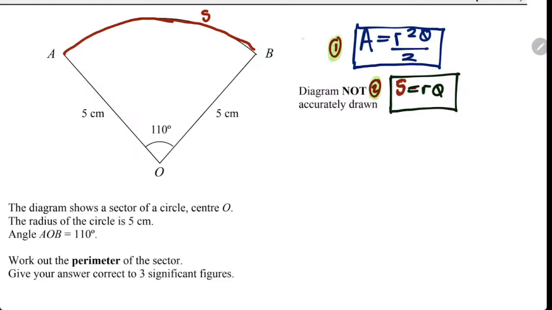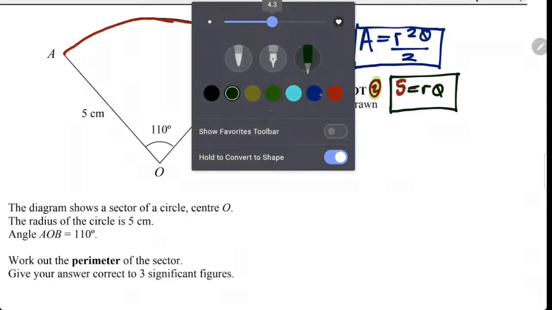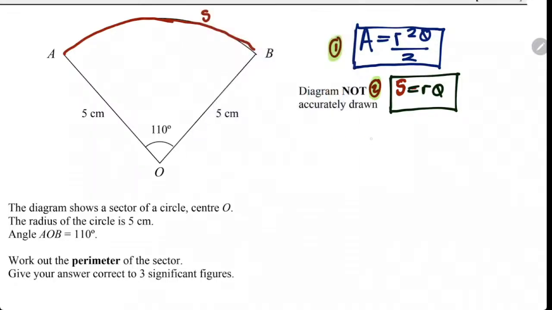That's 1 and 2. The third one. Ilang, did you write down the formula for perimeter? We said perimeter will be 2r plus s.